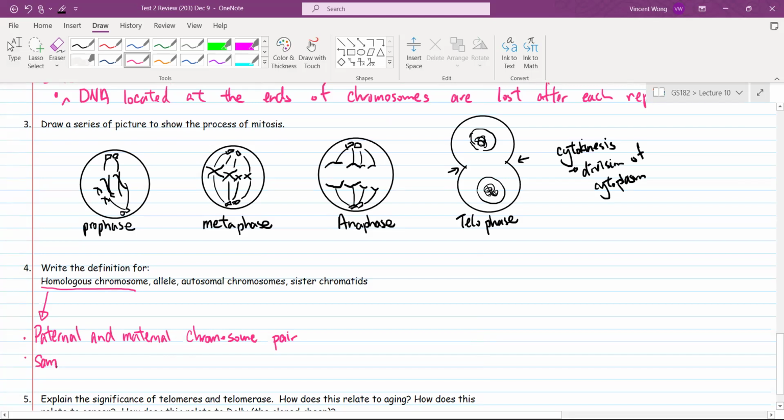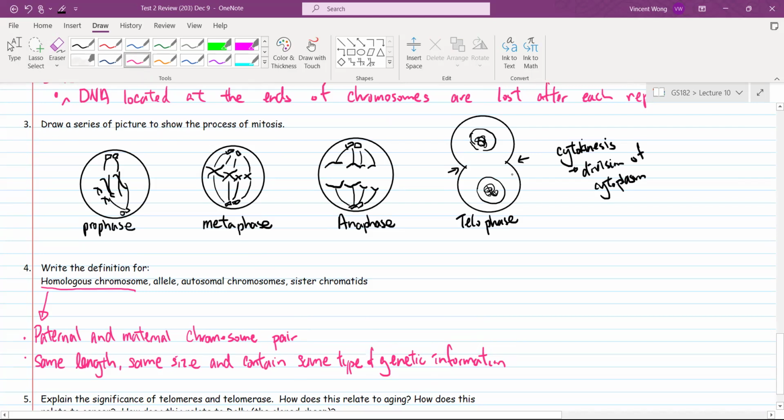They are the same length, same size, and contain the same type of genetic information.